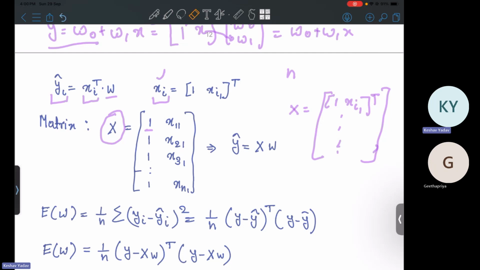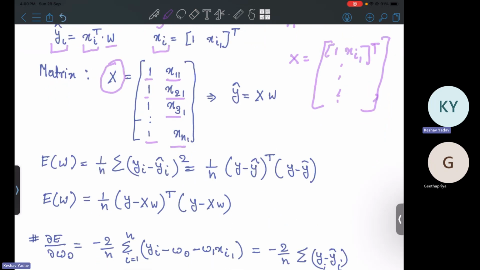It can be written as rows 1 x11, 1 x21, 1 x31, up to 1 xn of 1. In this case, we can represent y hat as X multiplied by W, where W is [W0, W1].